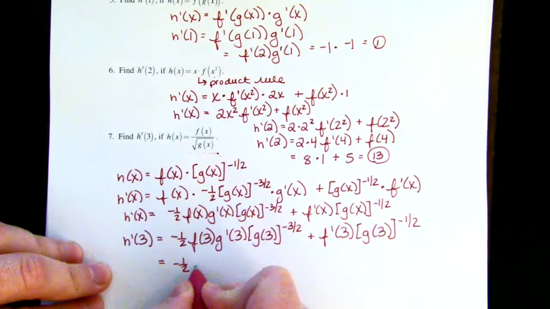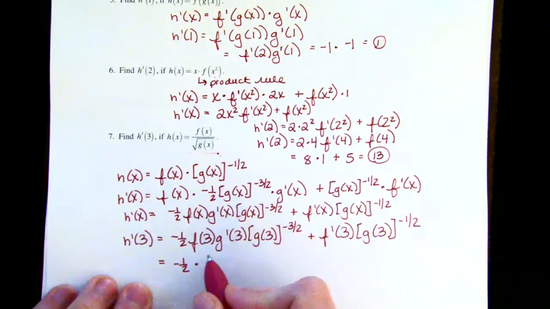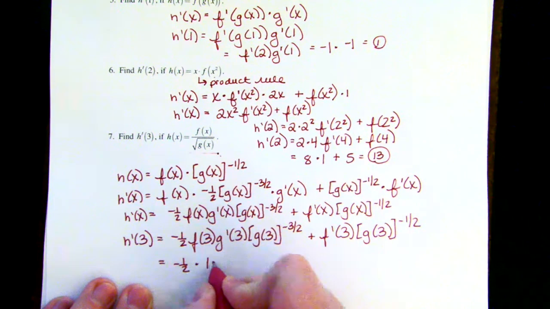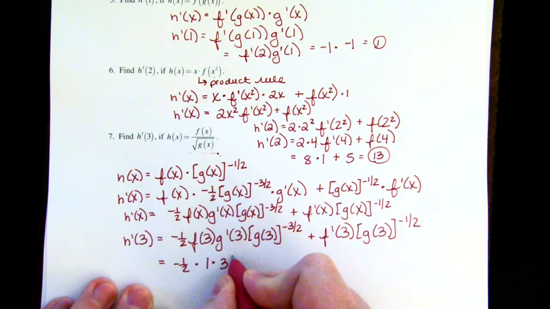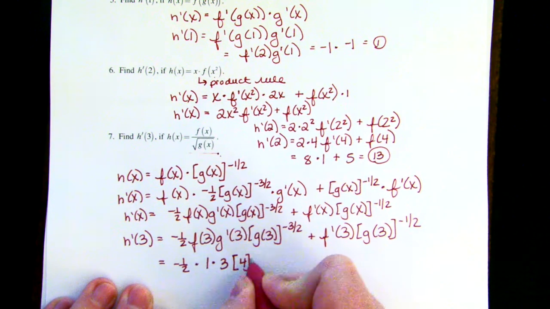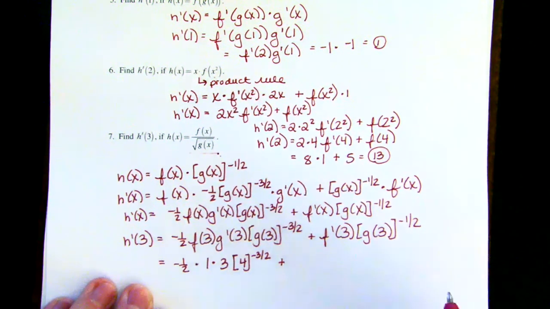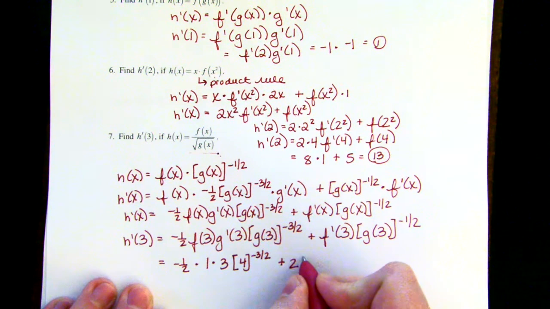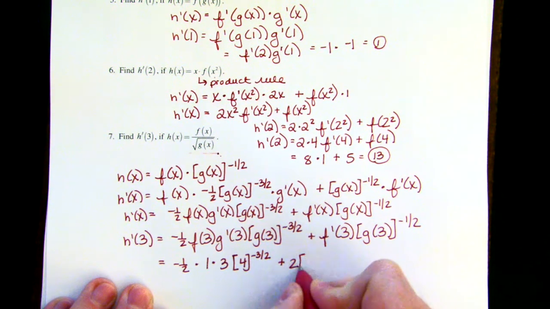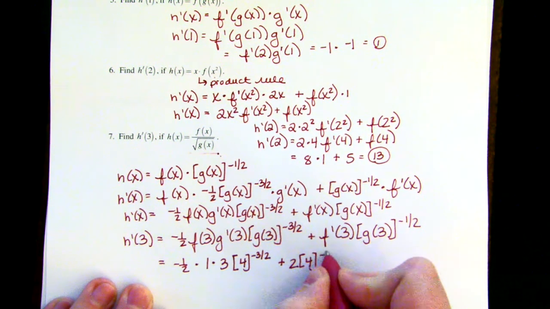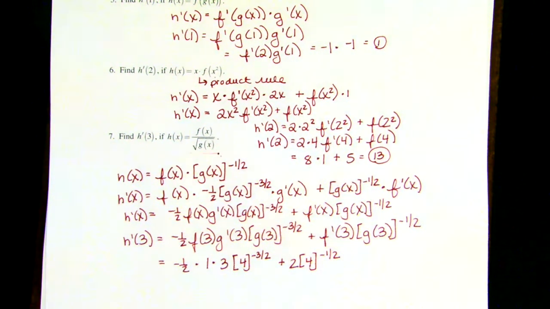This should give us negative 1/2 times, okay, f of 3 is 1, g prime of 3 is 3, g of 3 is 4, which I'll raise in a moment to the negative 3/2, plus f prime of 3, get that from your table, that's 2, g of 3 is 4 to the negative 1/2.